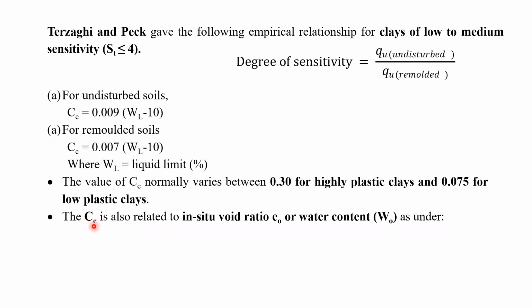The compression index is also related to the in situ void ratio or water content. If you know the in situ void ratio or water content for a particular soil, you can also calculate the value of Cc by this formula, using the initial void ratio and the water content of the soil where you are going to construct.